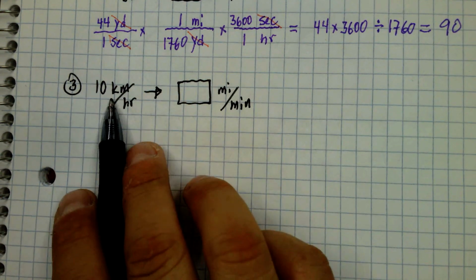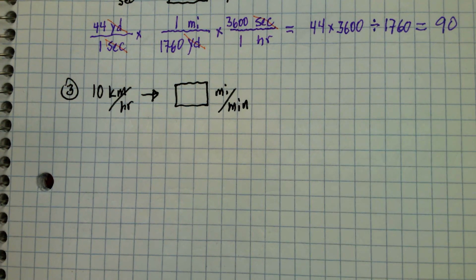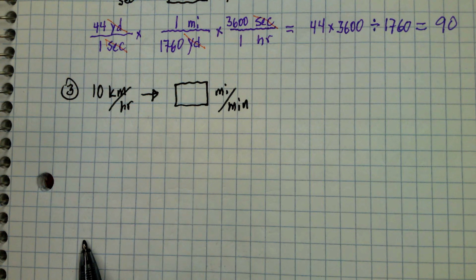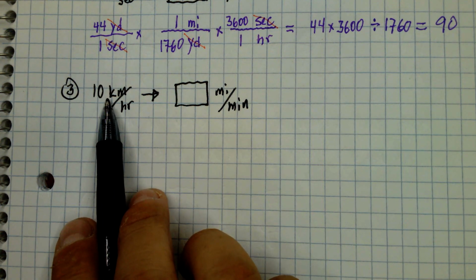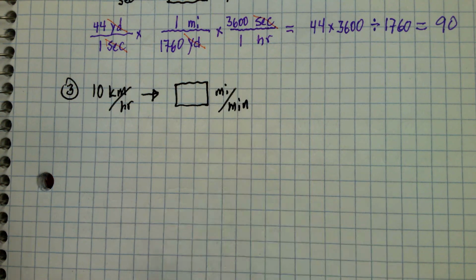Okay. So we're going to have to convert kilometers to miles. That's going to be a funny one. What's going on when we go from kilometers to miles? Yeah, we got kilometers here to begin with. And it doesn't tell us how to convert.